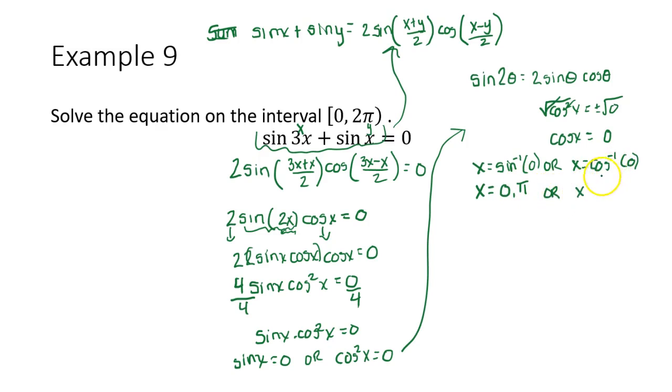And then over here, the inverse cosine of 0, so the places on the unit circle where the cosine is 0, that happens at pi over 2 and at 3 pi over 2. And we don't really need to check our answers here because both the sine and the cosine are defined at all of these angles here. So these are actually going to be my solutions.